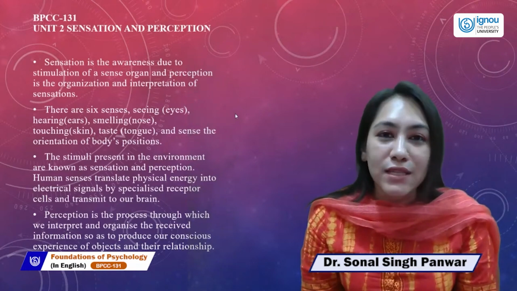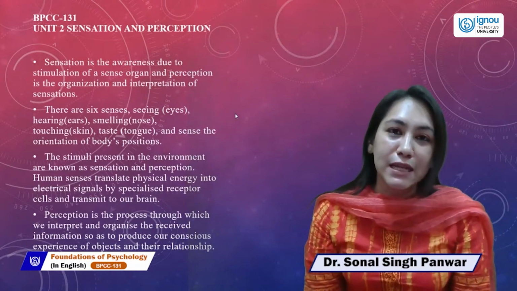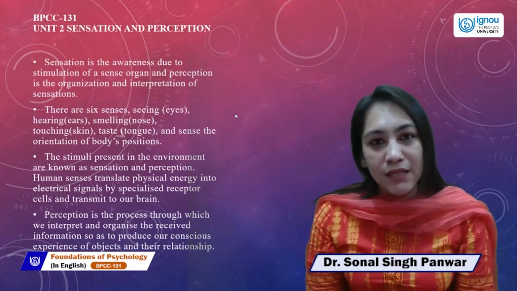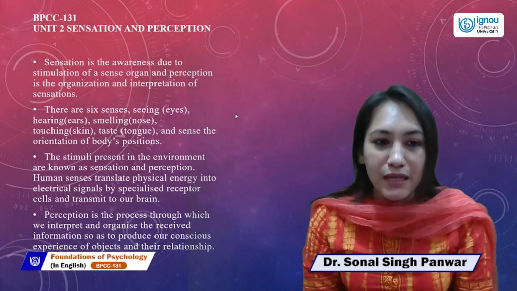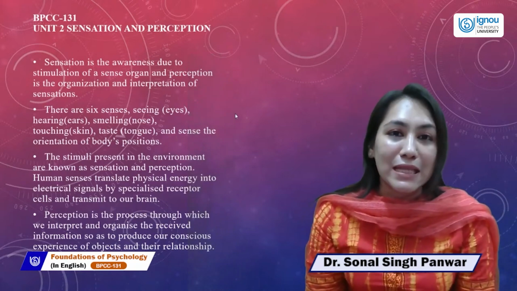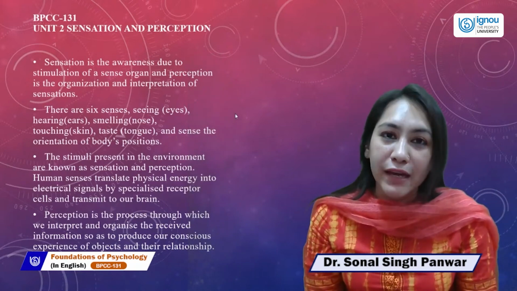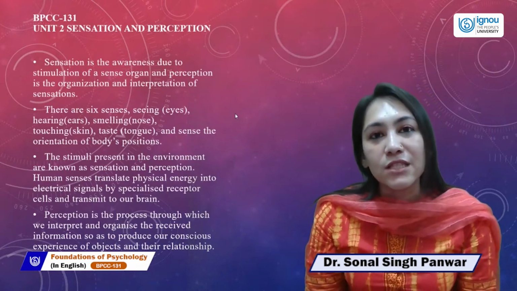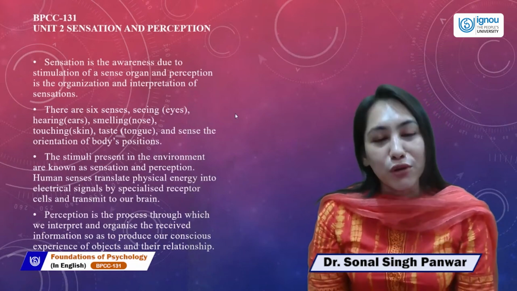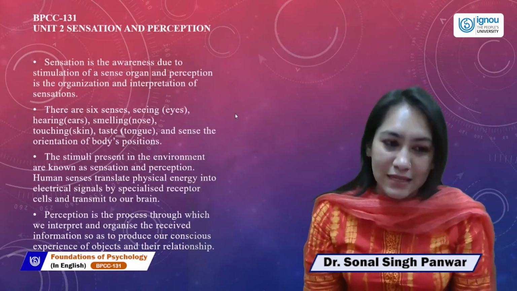Naming what all sensations we have, there are six in number. The five basic ones that we all have are eyes, ears, nose, tongue, and skin, and there is one other special receptor that we hold on to, which is vestibular and kinesthetic.